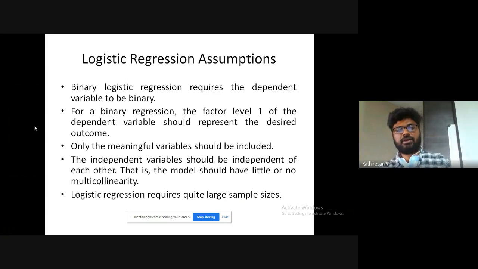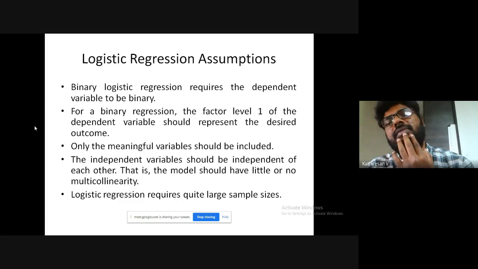Just look at these logistic regression assumptions. The first is that binary logistic regression requires the dependent variable to be binary. We have implemented binary logistic regression in the morning laboratory. We took a simple data set with age and insurance.